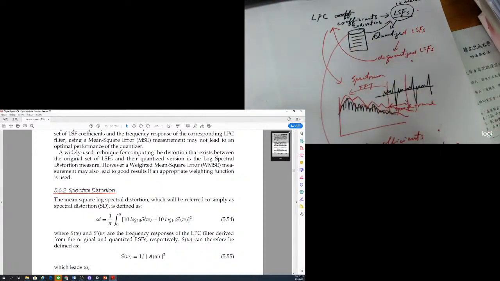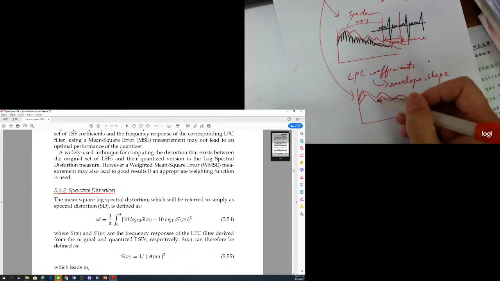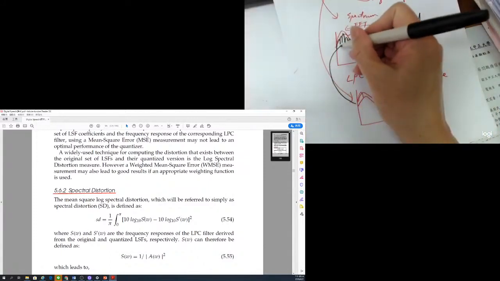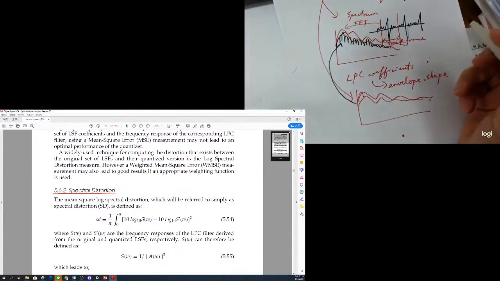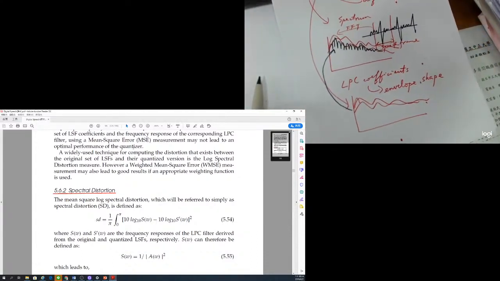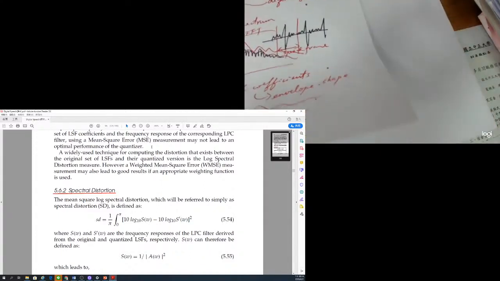Different codevectors have different envelope shapes. Based on the envelope shape, we try to match the original signal waveform and see which one gives minimal distortion. One easy way is from the weighted distortion.